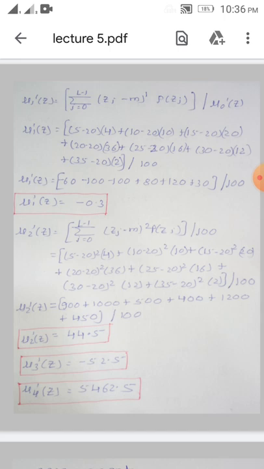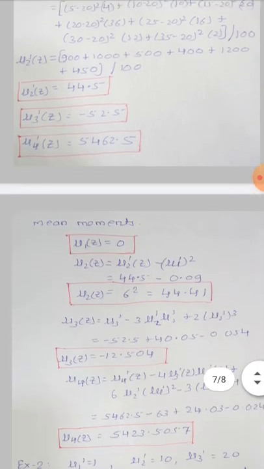Now let us calculate the third moment mu 3 dash of Z using the same formula, just by putting n equal to 3. So mu 3 dash of Z, we are getting minus 52.5. Similarly, by putting n equal to 4, we are getting mu 4 dash of Z equal to 5462.5.